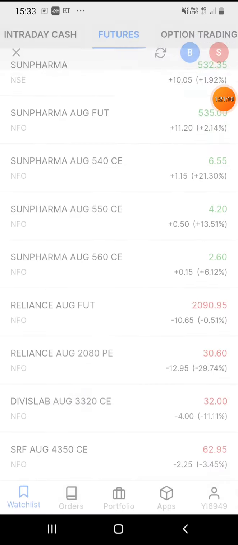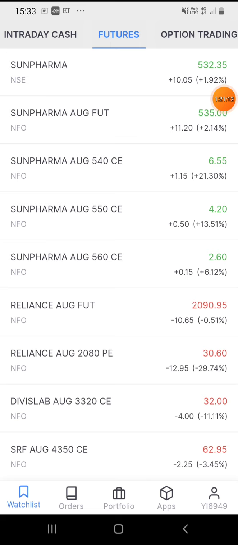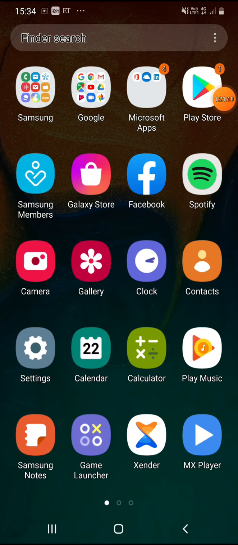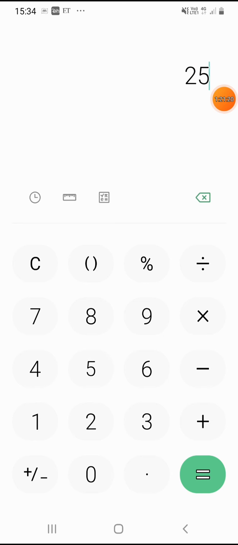For those who are holding, first thing you need to check is SRF at 85, number of shares 250. So 250 into the buy value, 85. So 21,250 is the investment for this share. And once 85 was crossed, in the next 2-4 minutes it went to 114.